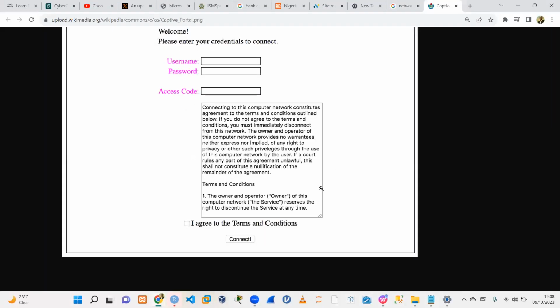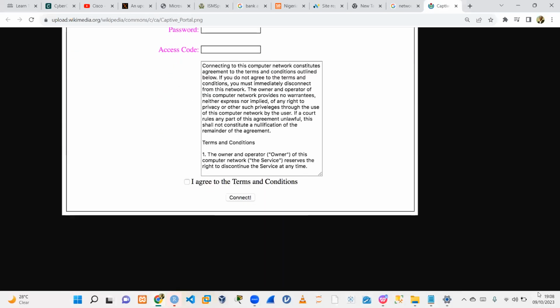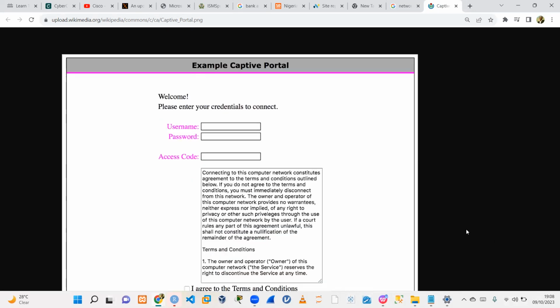Most of us have seen this, right? The Wi-Fi does not have a password. Once you double click it, it opens your browser and tells you to put the username and password that is assigned to you.